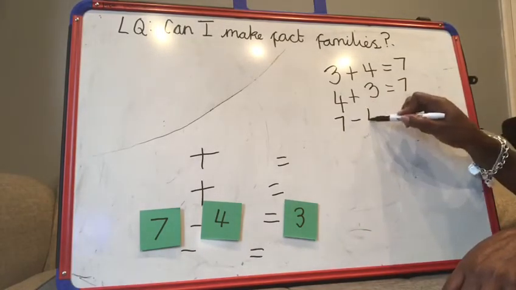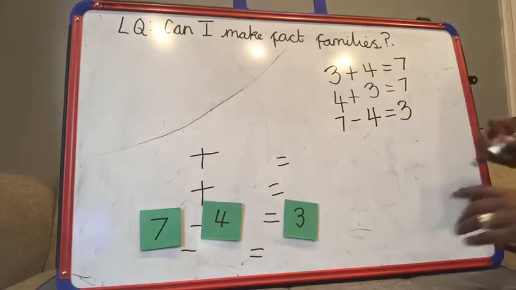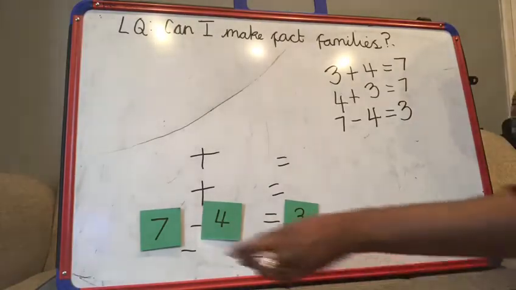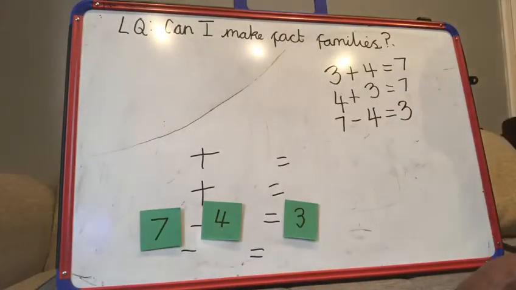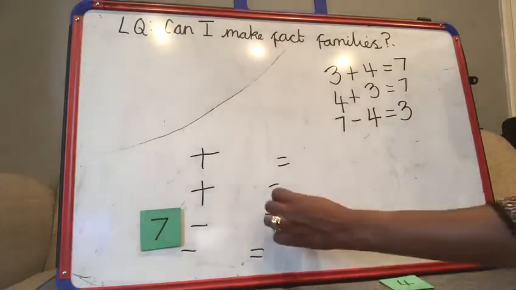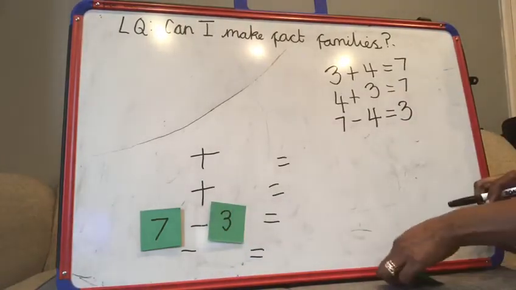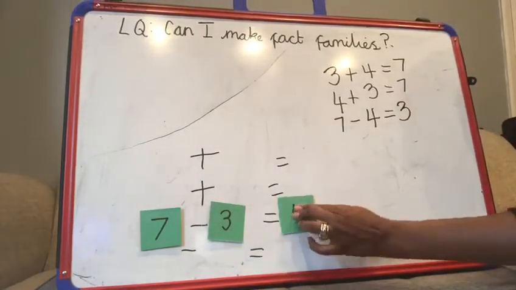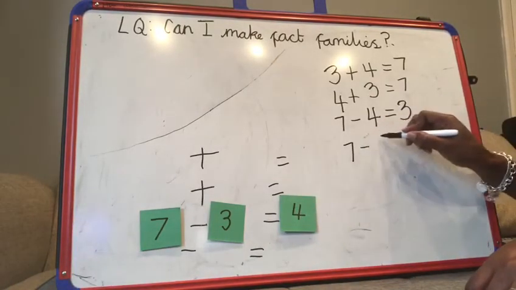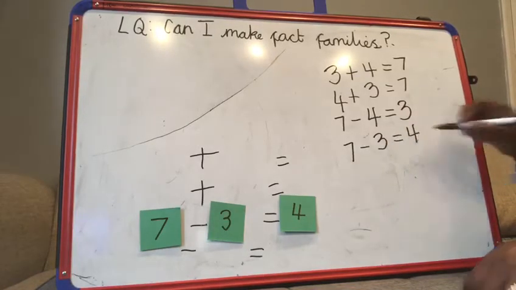So we can write our first subtraction number sentence: 7 take away 4 equals 3. Now we know that if it's subtraction, the biggest number must remain first. So I can now swap these 2 numbers to make our second subtraction number sentence, which will be 7 take away 3 equals 4.